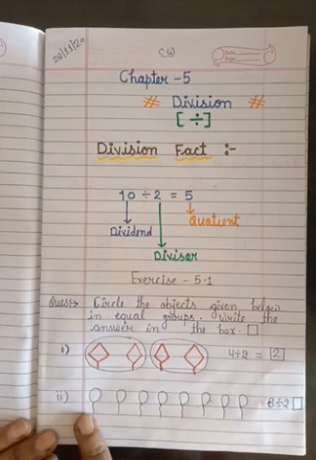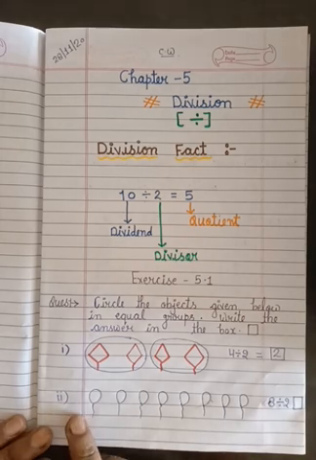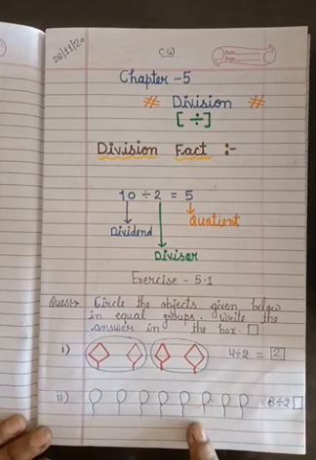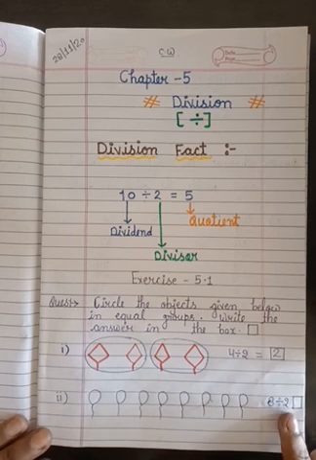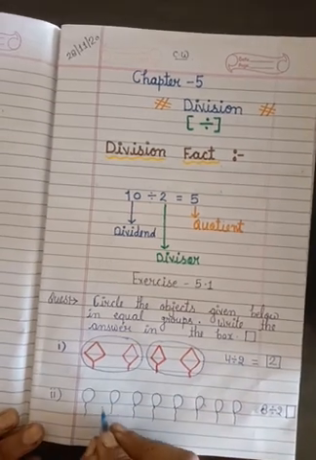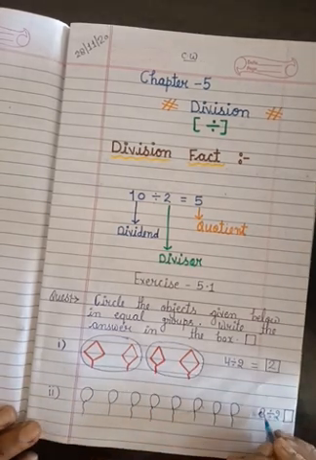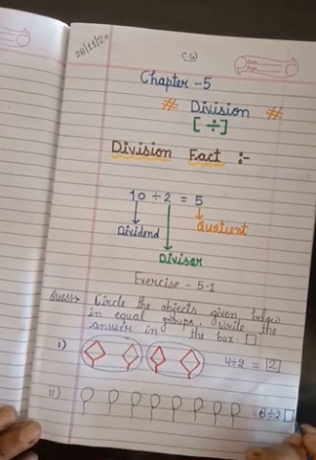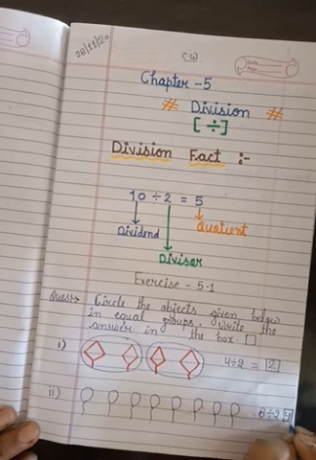Okay, similarly in question number 2, we have to divide these 8 objects by 2. How many groups can we divide it into? These are 8 objects, so 8 divided by 2, the answer is 4, because 2 fours are 8.